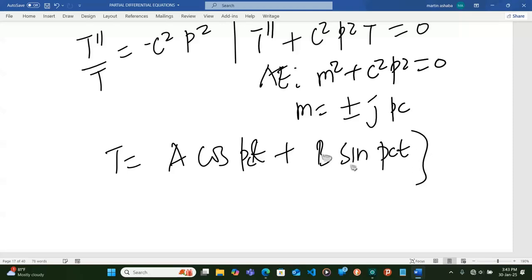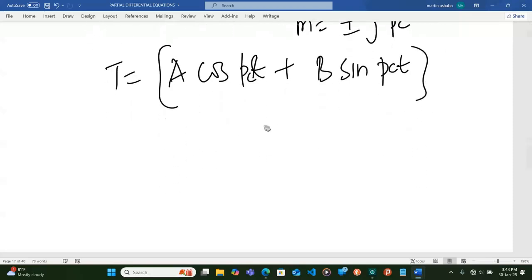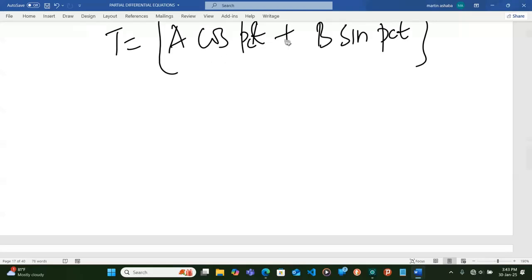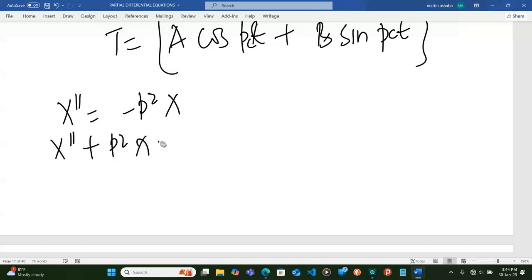Okay, so that is one solution, and this is actually very nice because it is showing us some oscillatory components. Then x double prime will also equal negative p squared times x. So x double prime plus p squared x is equal to 0.